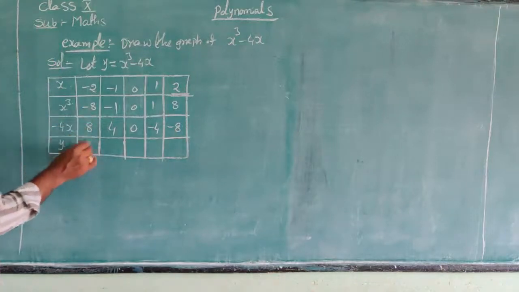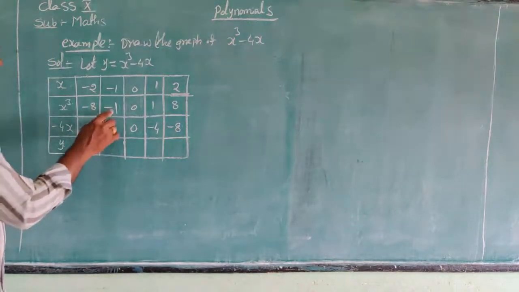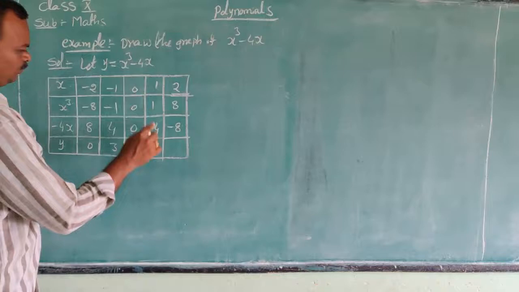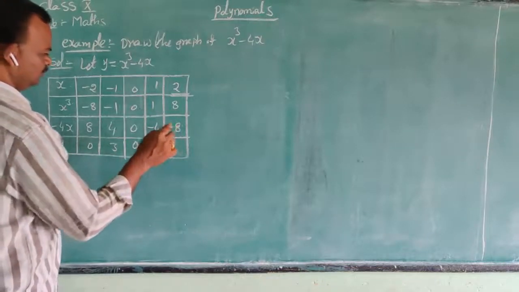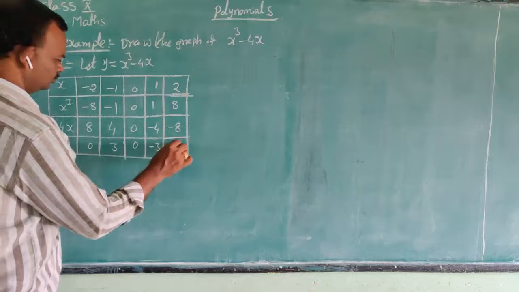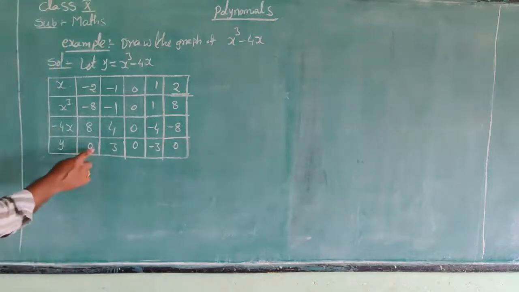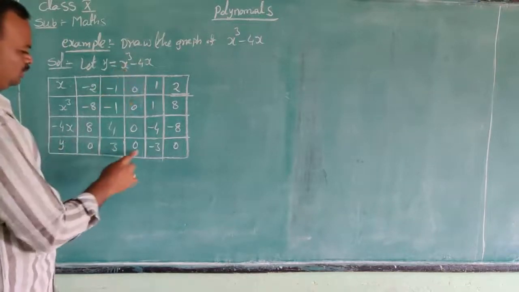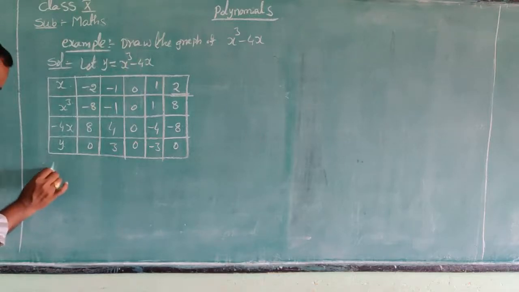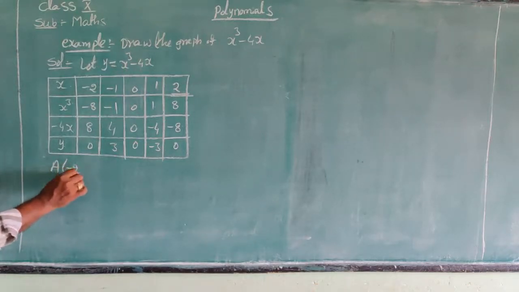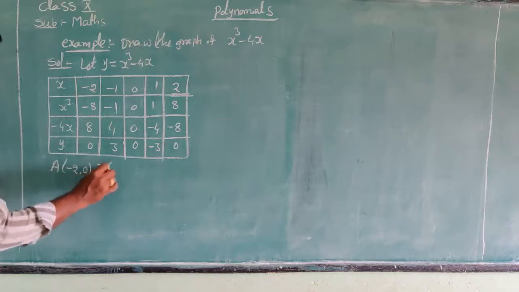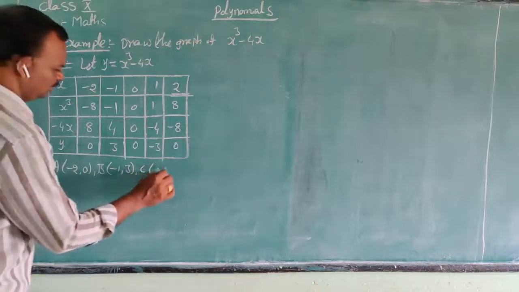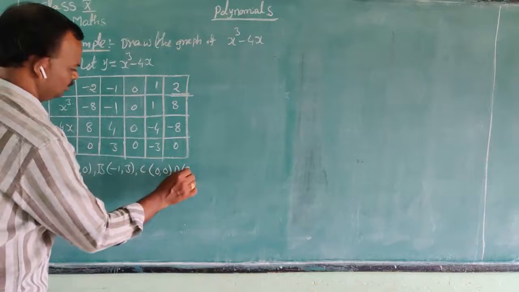Adding these two values: minus 8 plus 8 is 0, minus 1 plus 4 is 3, 0 plus 0 is 0, 1 minus 4 is minus 3, 8 minus 8 is 0. So it has degree 3, that means power 3. So there are 3 zeros. Let the points taken be A, minus 2 comma 0, B, minus 1 comma 3, C, 0 comma 0, D, 1 comma minus 3, E, 2 comma 0.